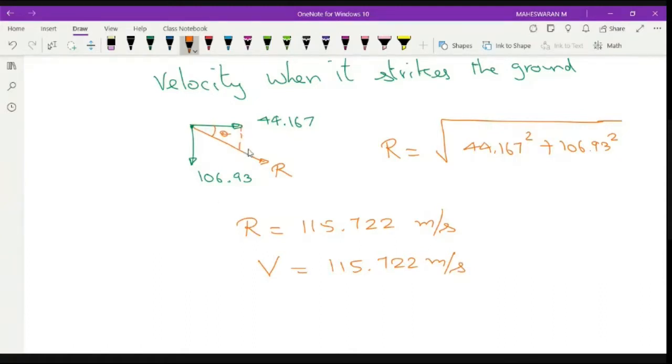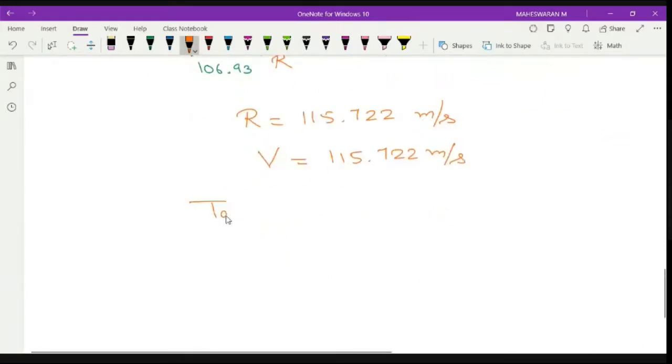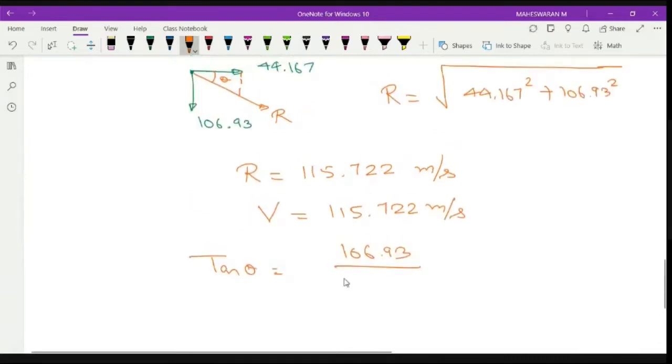Similarly, I can also identify the angle theta. Same formula as for forces, tan theta is Fy by Fx, so tan theta is equal to 106.93 divided by 44.167. Theta is tan inverse of this.